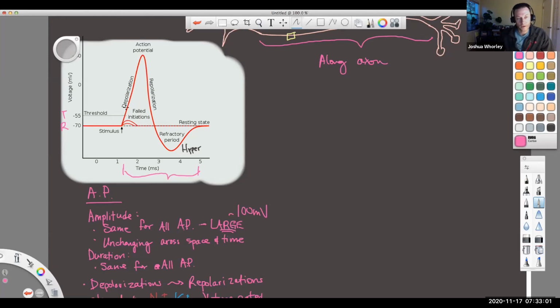All the sodium channels are already opened in this local region of membrane. So if another depolarizing stimulus were to arrive, so what? All the channels are already open. You can't get any more permeable than completely open, right?